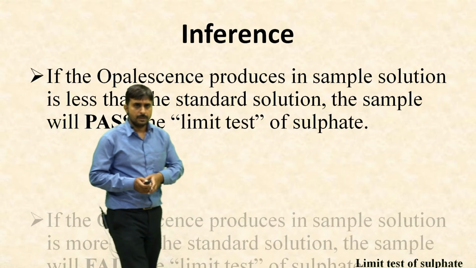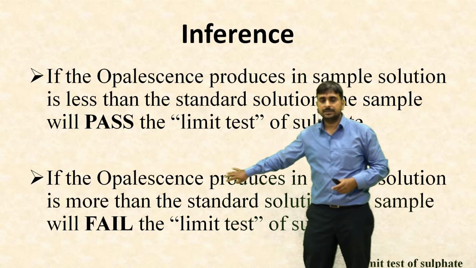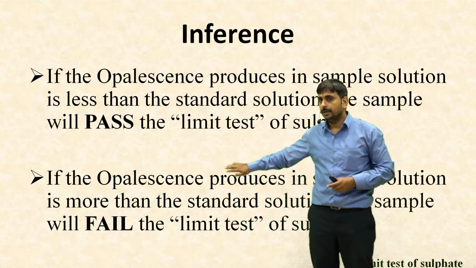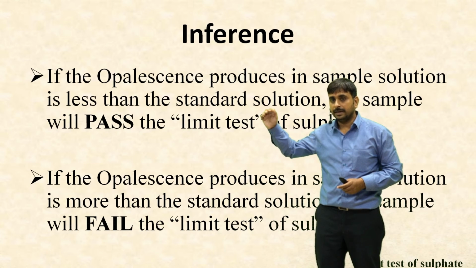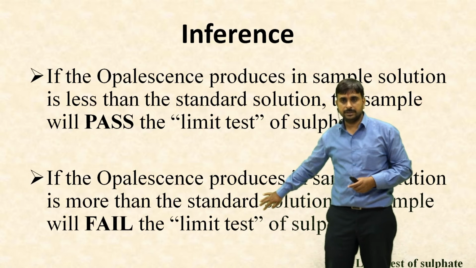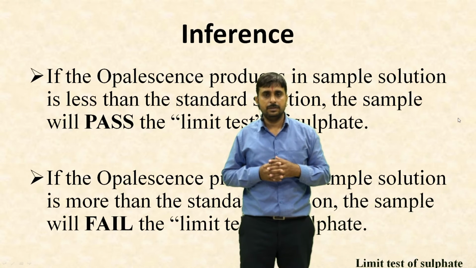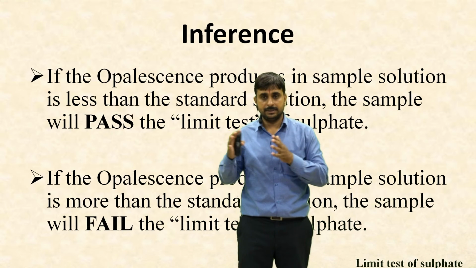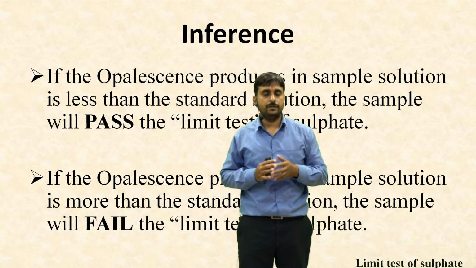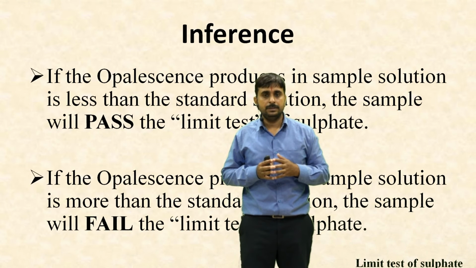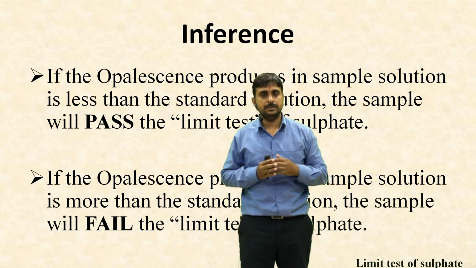Whereas, if the opalescence or turbidity is higher as compared to the standard solution, then we call it a fail, the sample fails the limit test. So the sample either fails or passes the limit test. If the concentration of sulfate compared to the standard is less, it passes the limit test. If it is higher, then it is said to fail the limit test.